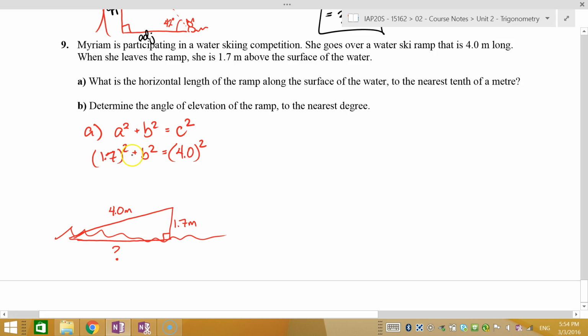Now, because we're dealing with decimals, I'm going to move things around before I start calculating anything. So I get b squared equals 4.0 squared minus 1.7 squared.